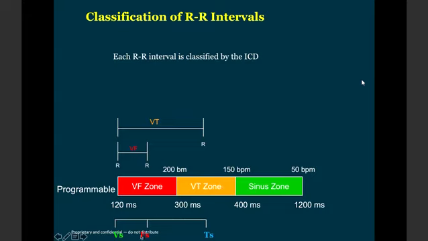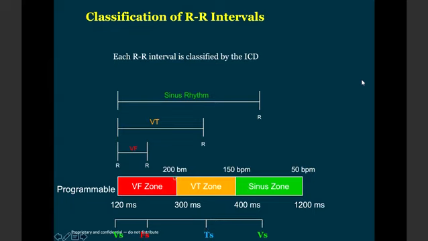Sorry. So FS stands for ventricular fibrillation sense, and TS stands for tachycardia sensing. If the rate is still slower and falls within the range of the expected sinus rhythm of such a long RR interval, it will be labeled as V-sense, or sensing of a rhythm in the sinus rhythm zone.